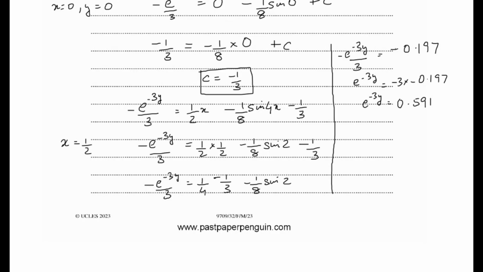Apply logs on both sides, so you'll get negative 3y ln e is equal to ln 0.591, and then you get y.